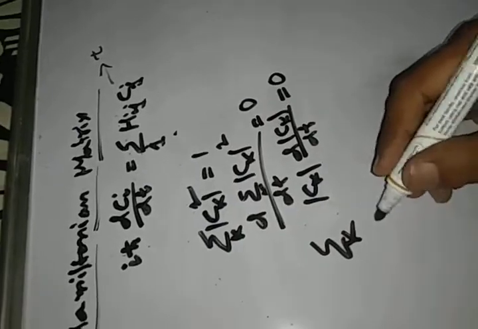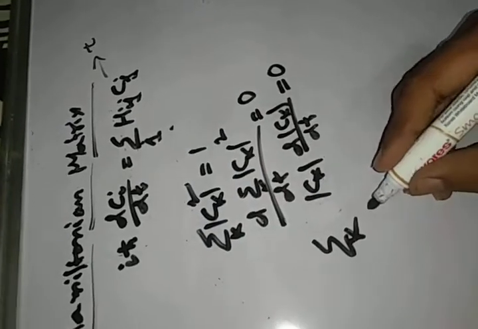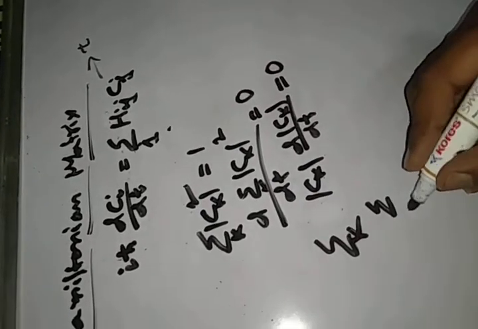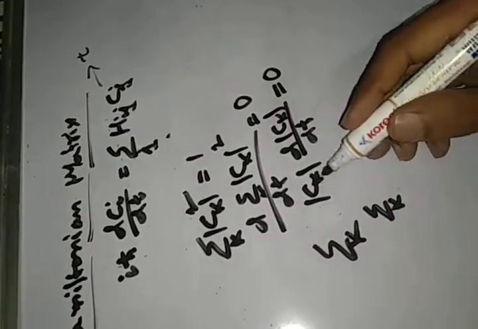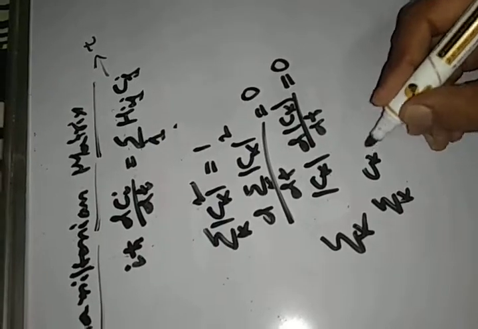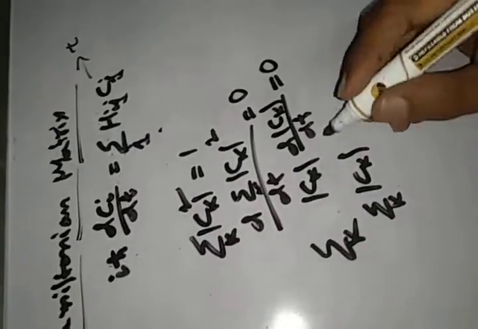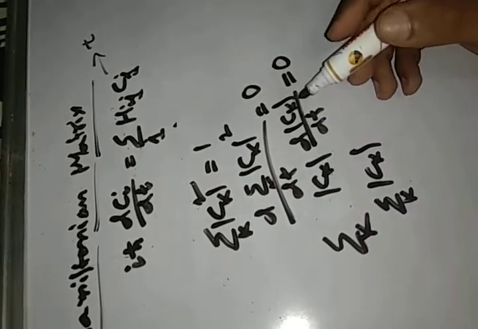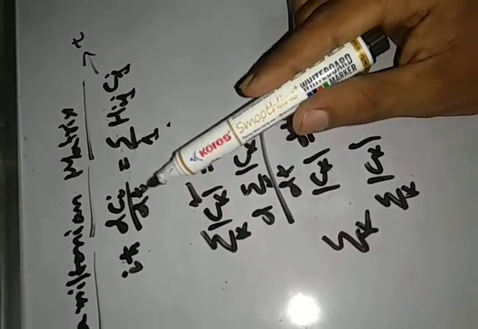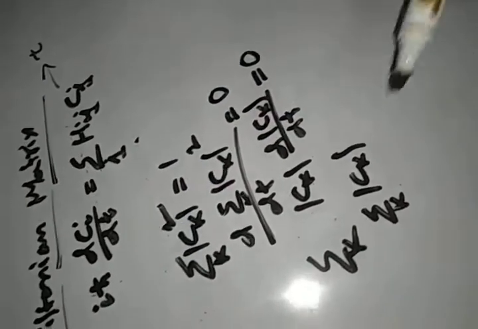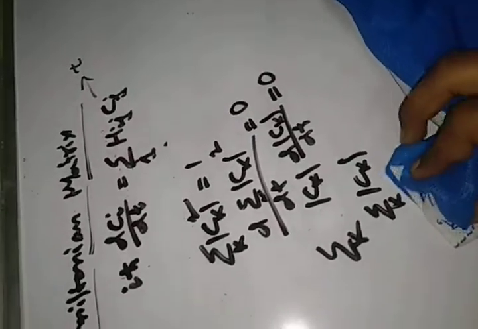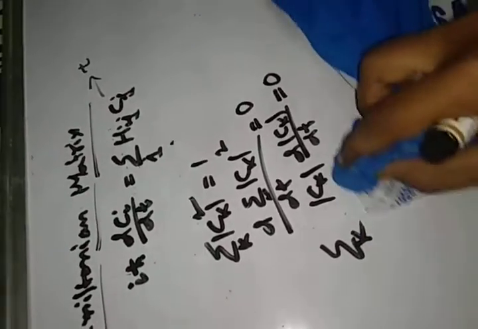So how will we manipulate this? We'll use this idea, that ck magnitude into dck/dt. Okay, now one thing we'll specialize here is that we'll not use a complex notation here.